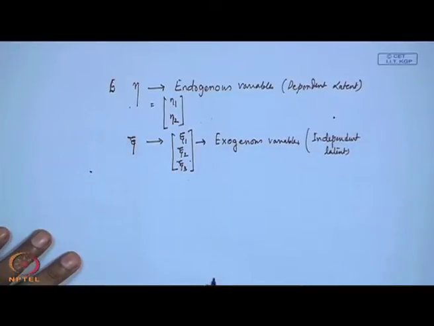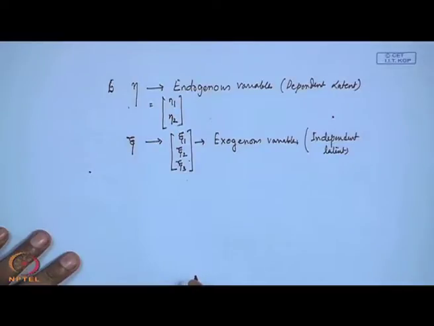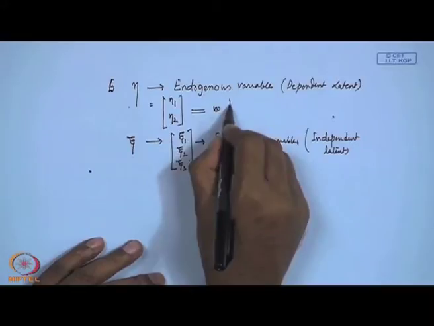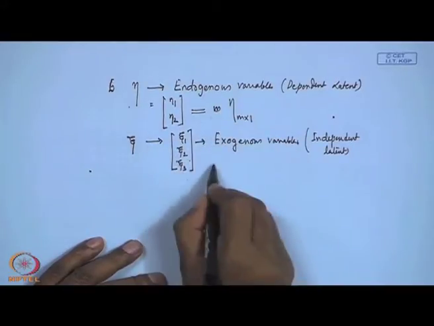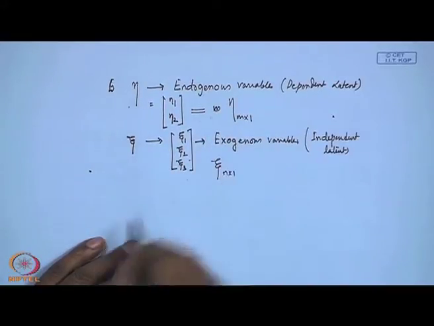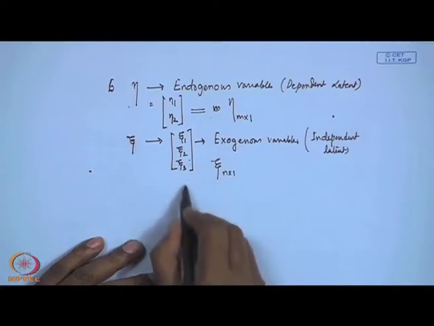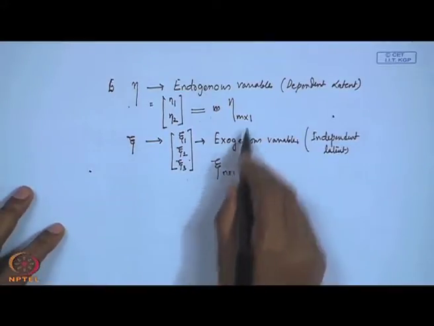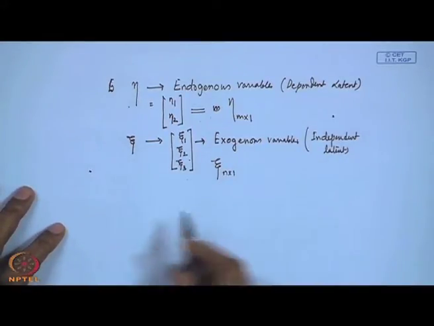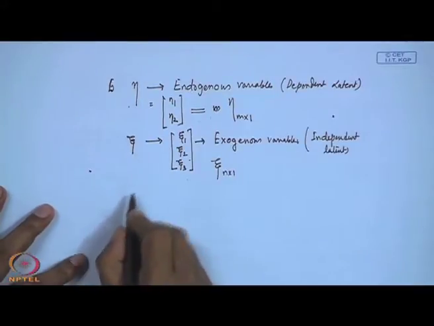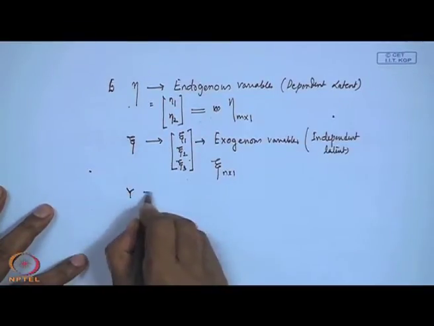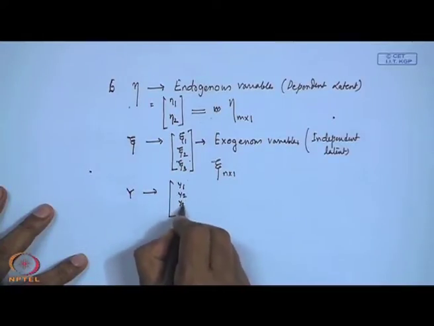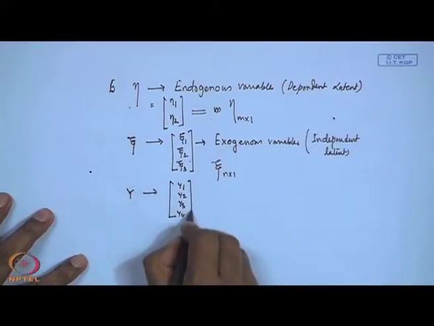Okay. So, in general, there may be m etas, that means eta can be m cross 1, and xi can be n cross 1, that means n things will be there; instead of m and n you can use something else also. Then we have y, which in this example is y1, y2, y3 and y4.